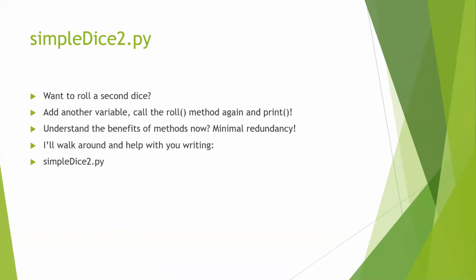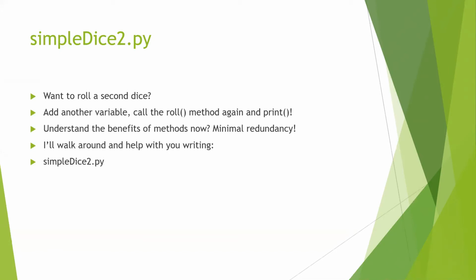So now we know how to roll one dice, but in our original program that I showed you at the beginning, we want to roll 2 dice. So right now we're going to add functionalities to the main method so that we can roll the second dice. And it's not going to be that complicated because we already have our roll method.